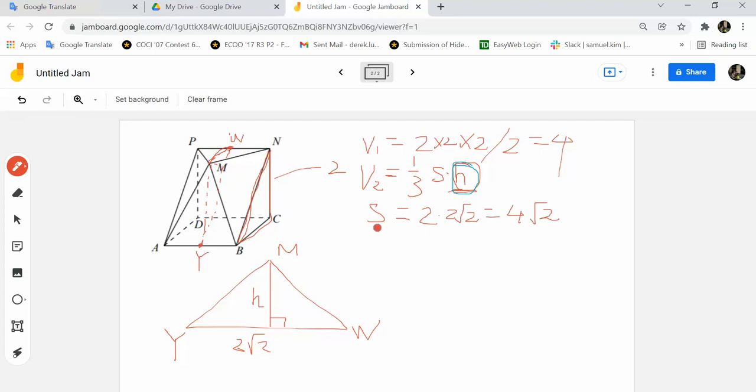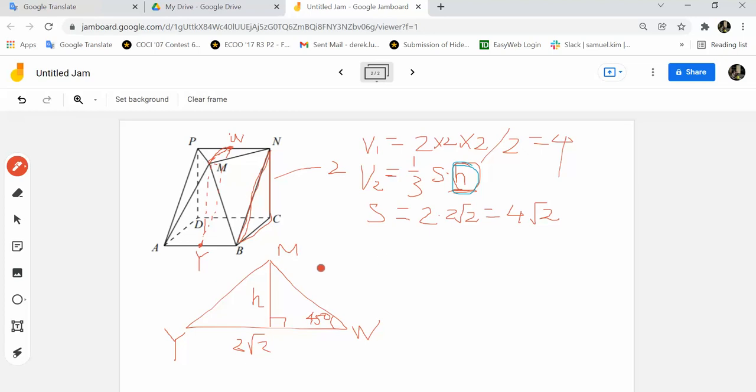Which means this angle is 45. I'm not sure, do we need to prove that? Anyway, it should be 45 because this PMN is parallel to this one, and this one is cut in half. So basically, we know this is 45, right?